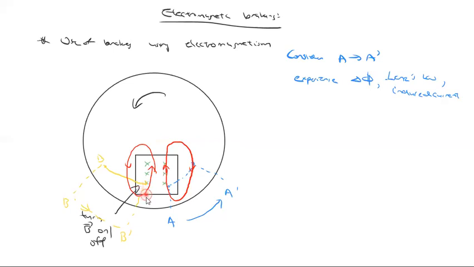Now, importantly, these are induced currents. But because they're currents, I mean, they might be induced, but they are currents. And because you've got a current, that means we now have a current flowing in the magnetic field.